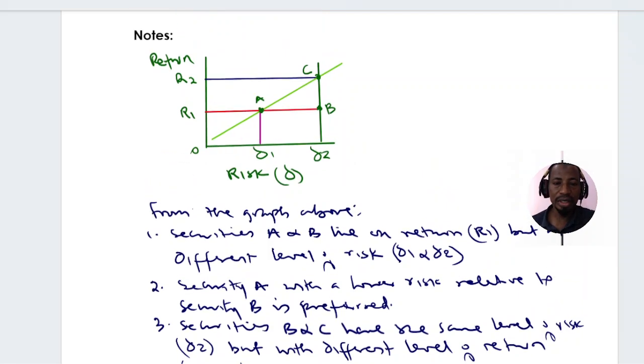So if you are to select between security B and C, which one will you choose?